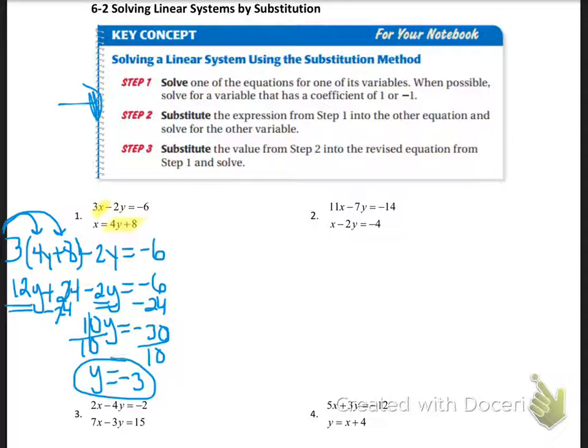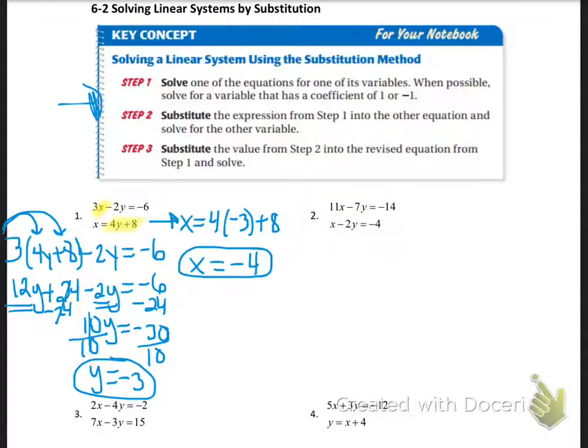Okay, I need an x and a y value, right? So when we did graphing, it was a point. So I know what y is now. Plug that in to find what x is. So 4 times -3 plus 8 gives you -12 plus 8, which is -4.